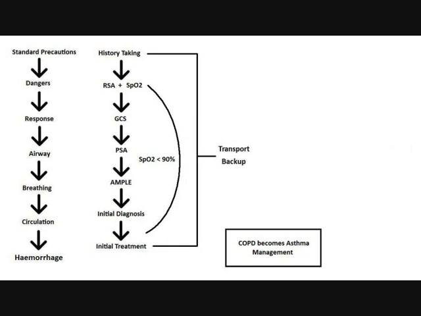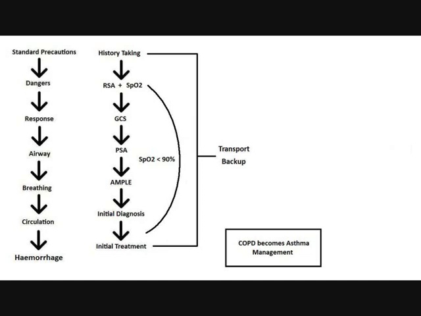One notable change I've made in the initial approach is that I've included SpO2 in the RSA, and normally I include that anyway, but especially in COPD I've made a special note of actually putting it down. That SpO2 is a really important indicator, because as we know with the COPD patient, it's no longer the CO2 which is their driving mechanism behind their breathing, and it's actually now a hypoxic drive.